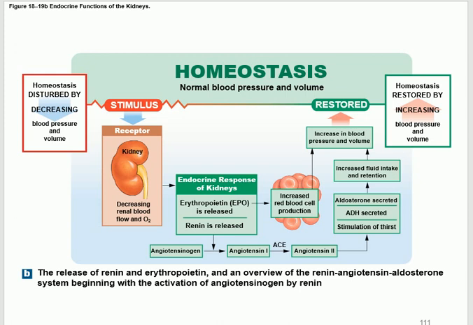Anybody remember? Aldosterone comes from the adrenal cortex. Remember adrenal cortex, glucocorticoid, mineralocorticoid, which is aldosterone. What does it do? No, aldosterone. Glucocorticoids increase glucose, not mineralocorticoid. Anybody remember? Yes, reabsorption of sodium.